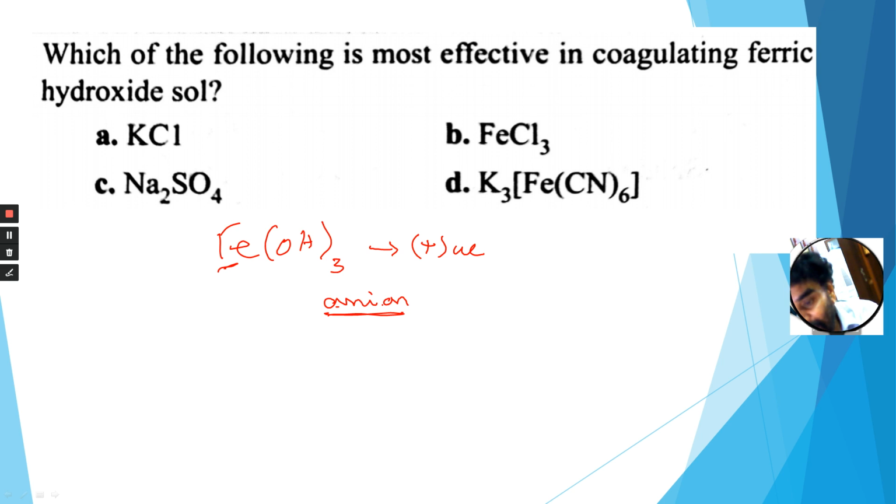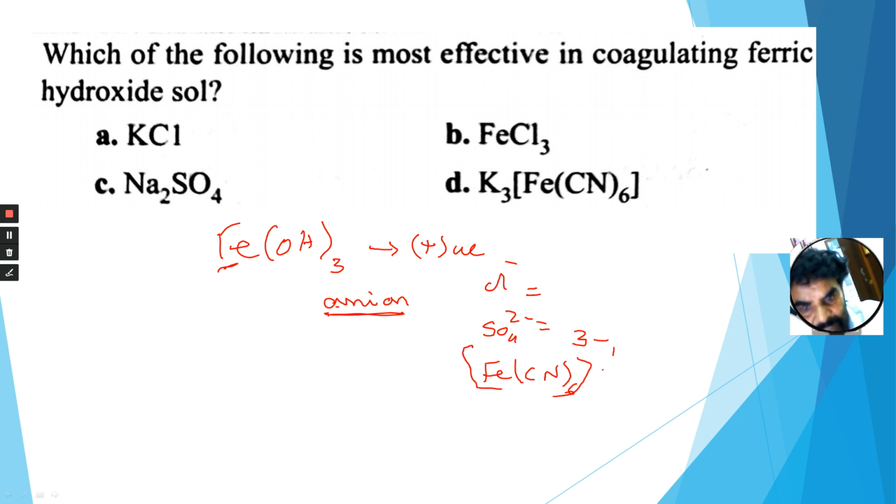According to the Hardy-Schulze rule, compare chloride ion, Cl⁻, which has charge 1, sulfate ion, which has charge 2 and valency 2, and ferricyanide ion, Fe(CN)6, which is 3⁻.